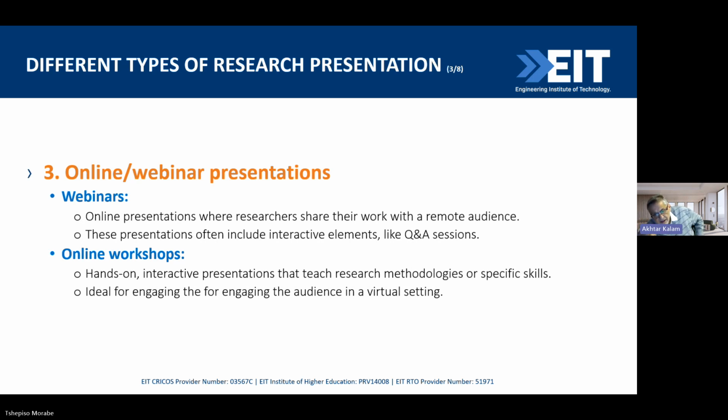It may not have the same impact as face to face, but at least it has 90% impact. Even if you are remotely connected, you cannot come to Melbourne and I cannot go to wherever you are, at least we have some way of forming a relationship between you and me, and you can get a feeling of the presentation.